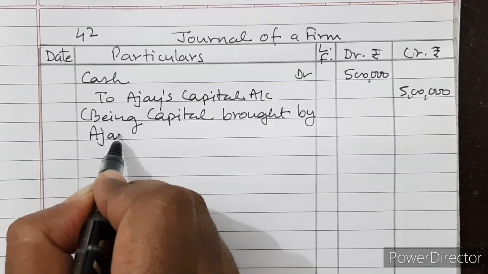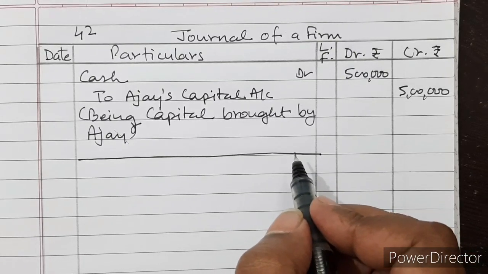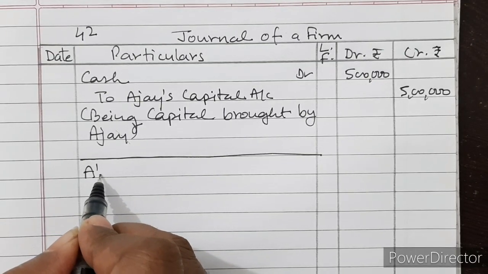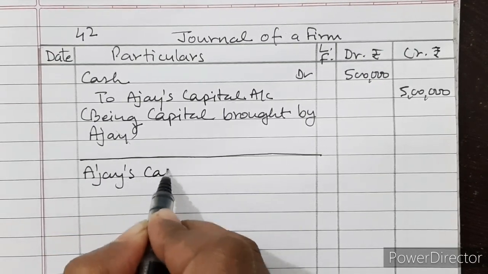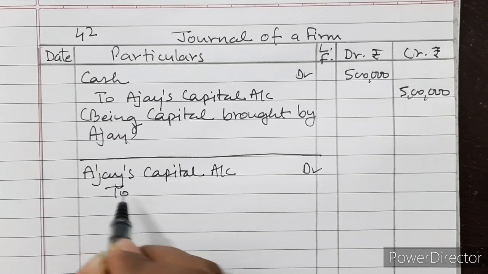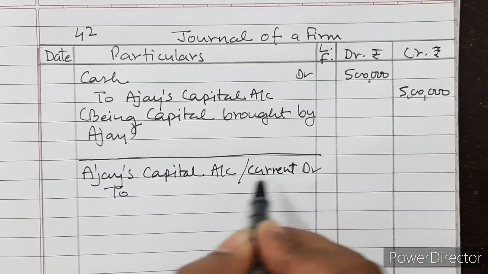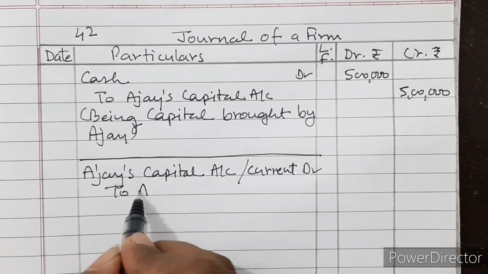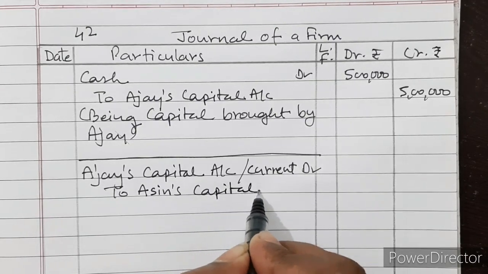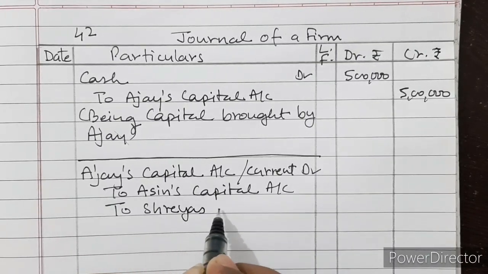Now his portion of goodwill is 2 lakh, which will be paid to old partners in their sacrificing ratio. So Ajay's capital account debited. Here you can write current also. To Asin's capital account and to Shreyas's capital account.